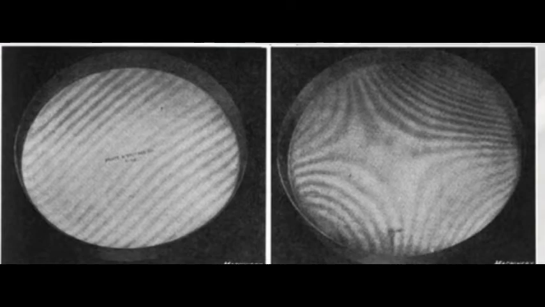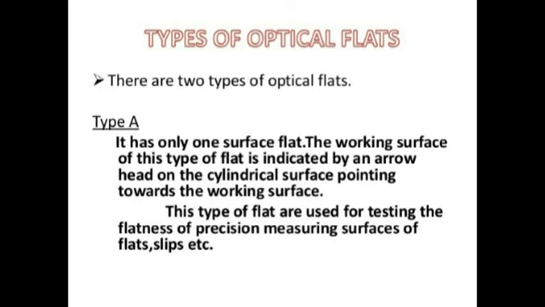And now optical flats are classified into two types. The first one is type A and the next is type B optical flats. In type A, you can measure different surfaces.